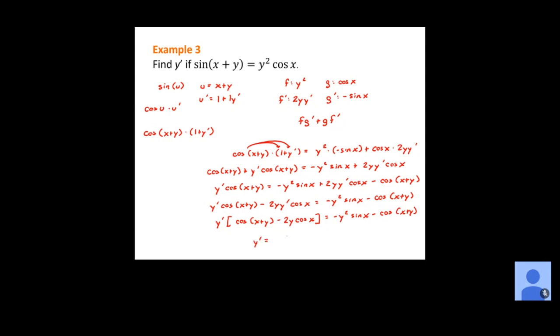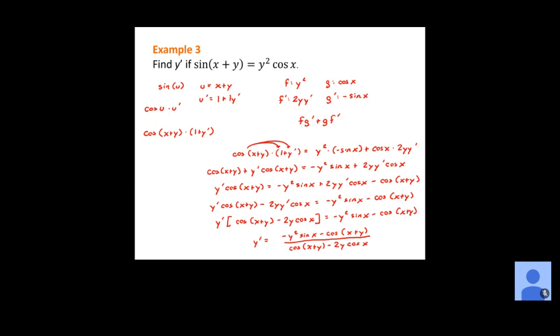So y prime is going to be negative y squared sine of x minus cosine of x plus y all over cosine x plus y minus 2y cosine of x. And that is our final answer.